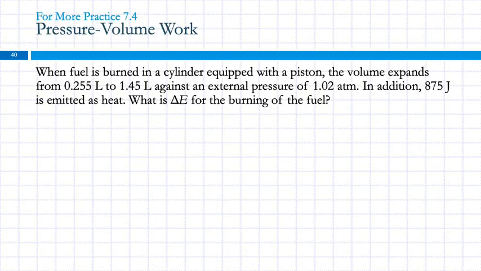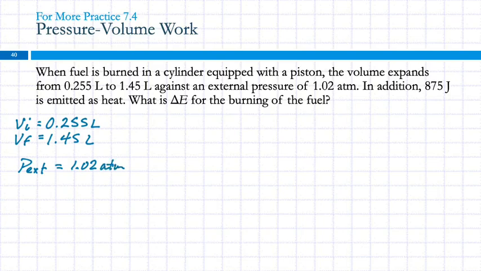So the volume expands from 0.255 liters, so that's initial volume, to 1.45 liters, that's the final volume. And the external pressure, P external, is 1.02 atmospheres. And then it says 875 joules is emitted as heat, so that's Q.